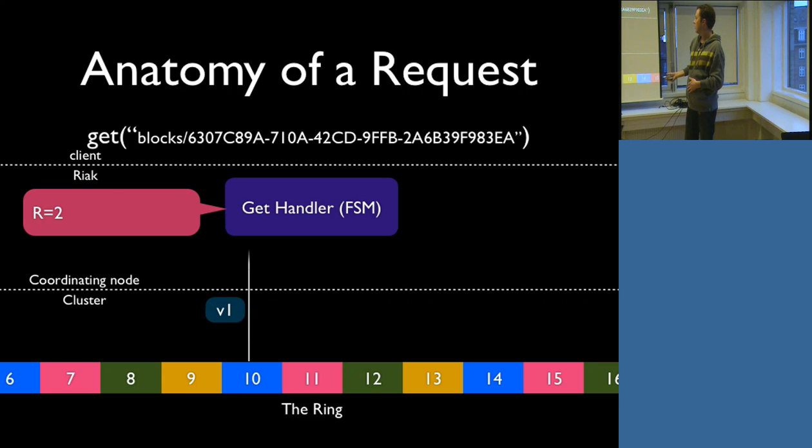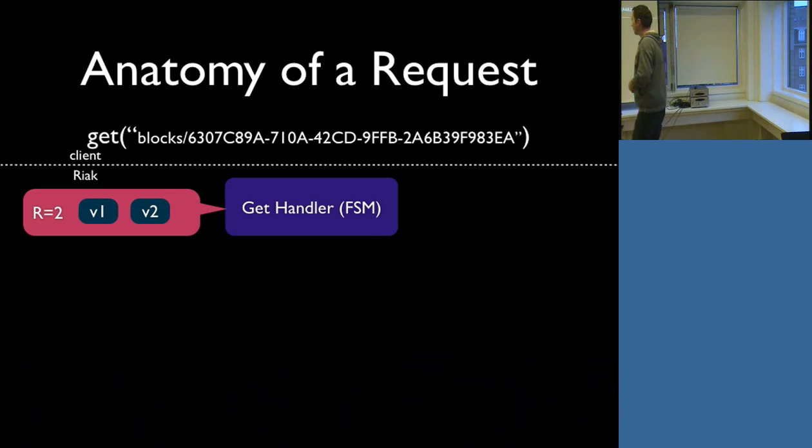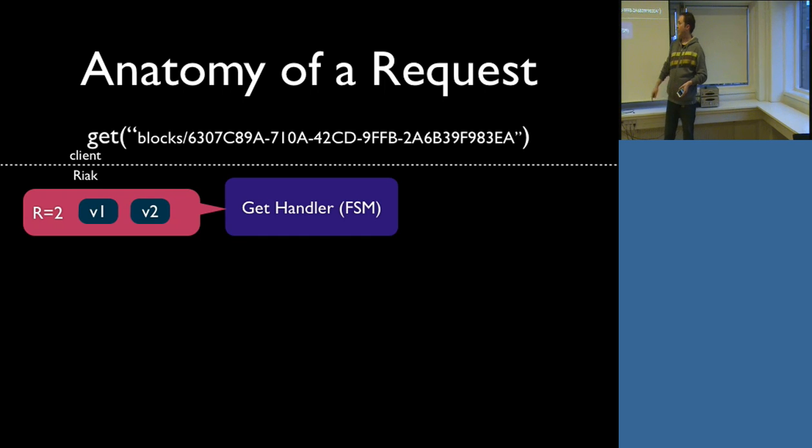So 10 responds with version 1, 12 responds with version 2. I won't make Gary move the camera. When I was talking about vector clocks before, consider these, I'll use the Git branching analogy. What these vector clocks can tell this process is that V1 has already been merged into V2.